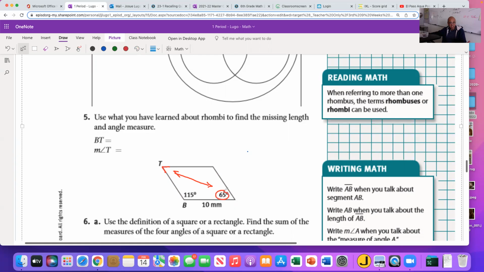And so if this is 65 degrees, if this is a rhombus, which is a type of parallelogram, then T also has to be 65 degrees. Yeah, just like this angle up here has to be 115. Notice that they resemble each other. Notice how these two are obtuse angles and these two are narrow, acute angles over here. And so again, I'm simply applying what I just saw in my notes to this information right here.